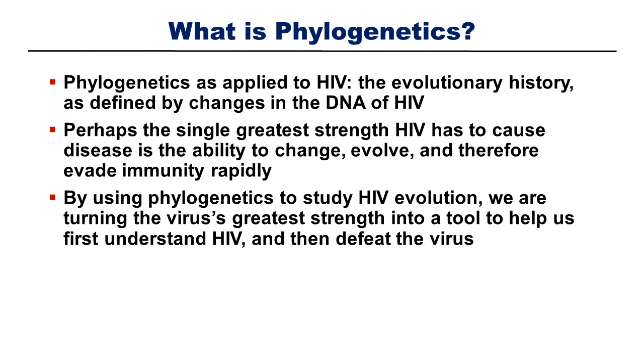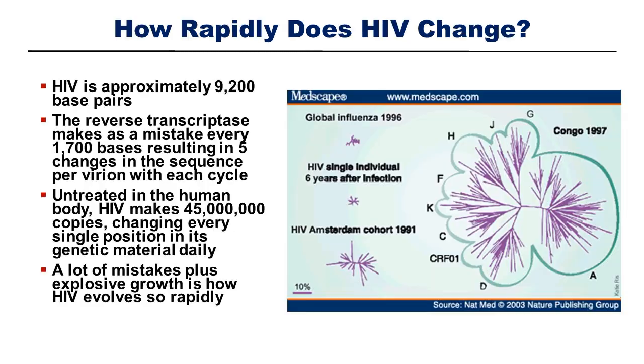It changes its sequence, it evolves very quickly, and in so doing, it evades the immunity that humans can traditionally generate against other viruses or pathogens. But by using phylogenetics to study HIV evolution, we are turning the virus's greatest strengths into a tool to help us as scientists and community to first understand HIV and then to defeat HIV. Next slide, please.